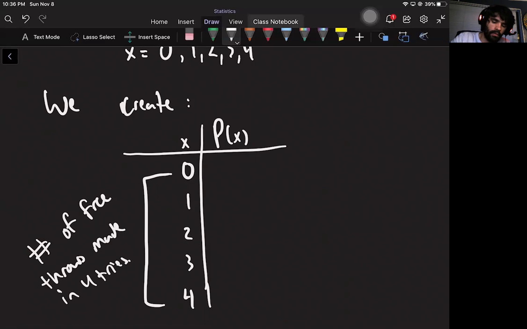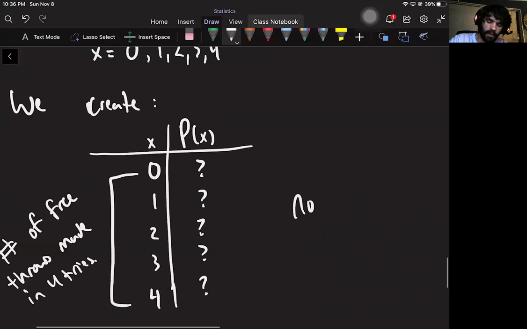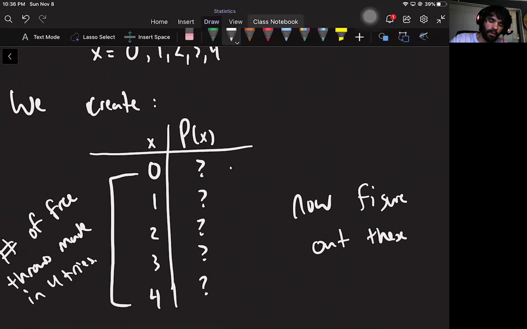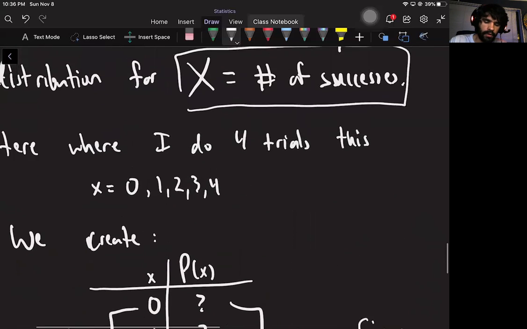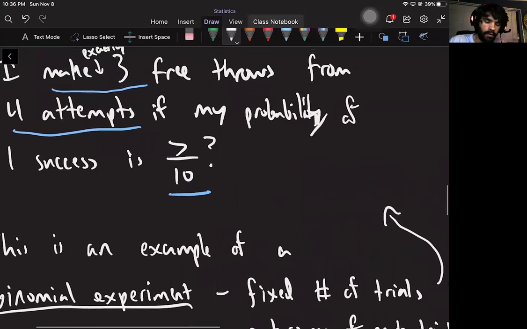And then over here, we don't know these yet. We're going to figure these out. So now we'll do that. Now notice that this third one here, that's what this question was asking about earlier.